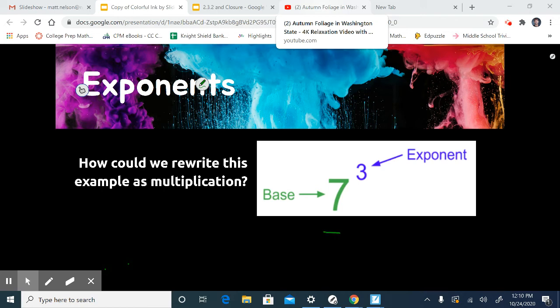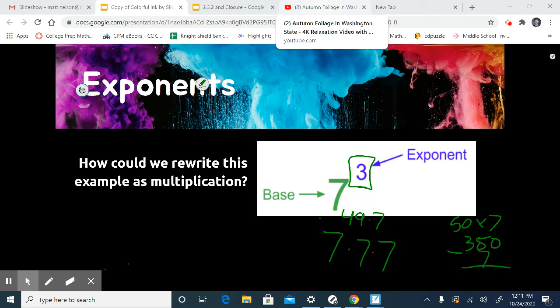All right, so here we're going to be multiplying 7 by itself, 3 times. So 7 times 7 would give us 49. And then if we multiply 49 by 7, well, let's think of what 50 times 7 is. That would be 350. And then we're only doing it 49 times, so instead we're going to be subtracting 7, and we'd end up with 343. All right, so that is what 7 cubed, or 7 to the third power, would equal.